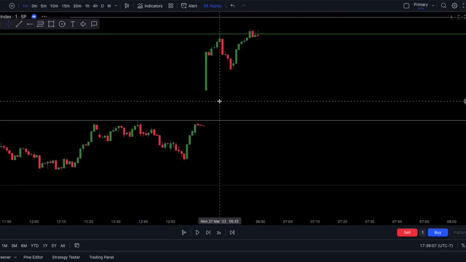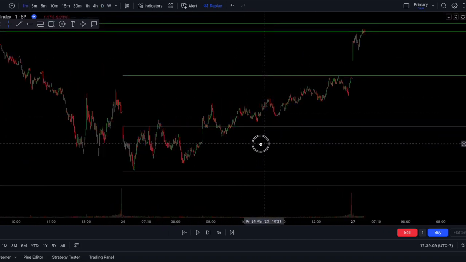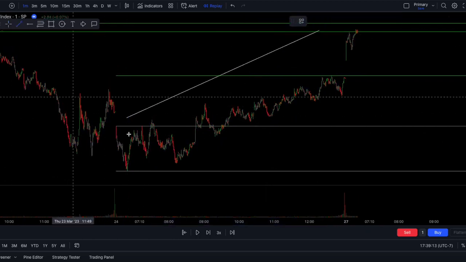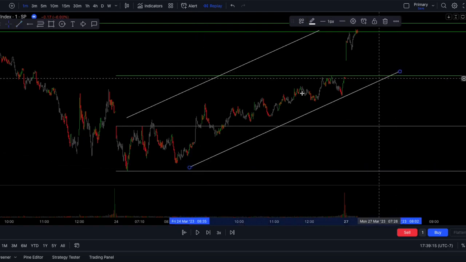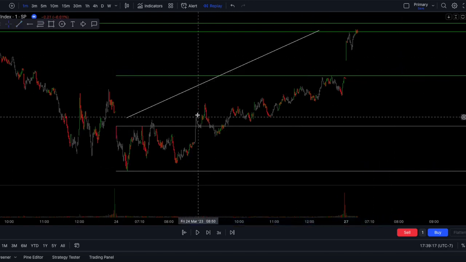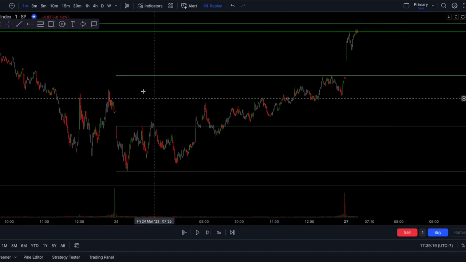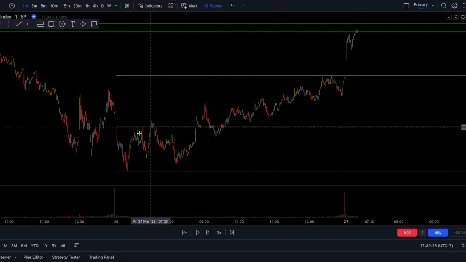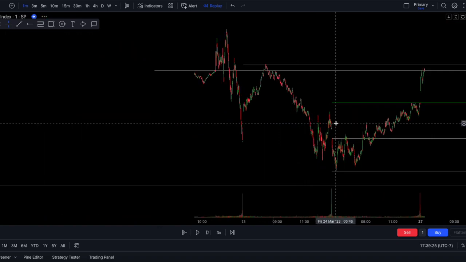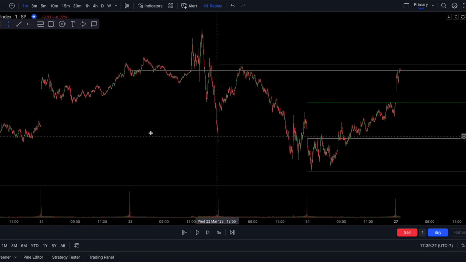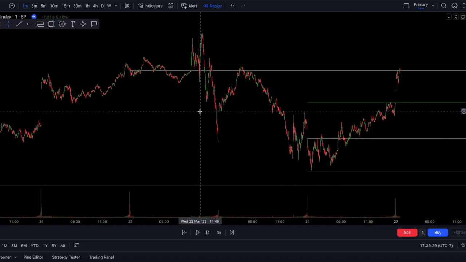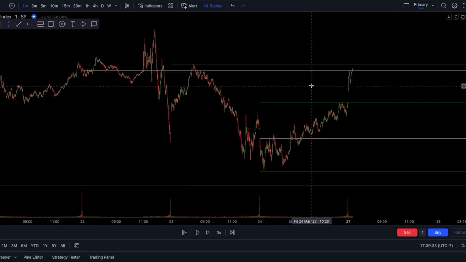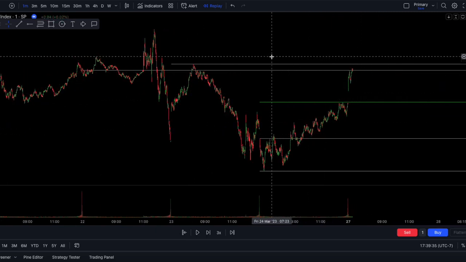But on the smaller time frame, we're making higher highs and higher lows. So what that's telling us is the larger time frame trend is down, but we're currently trending up on smaller time frames. So what we can look for is potential reversals to the downside to support that bigger overall trend.